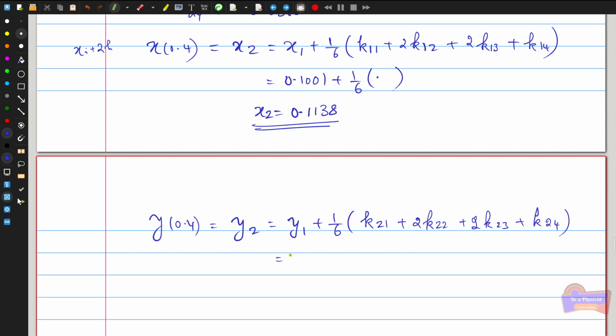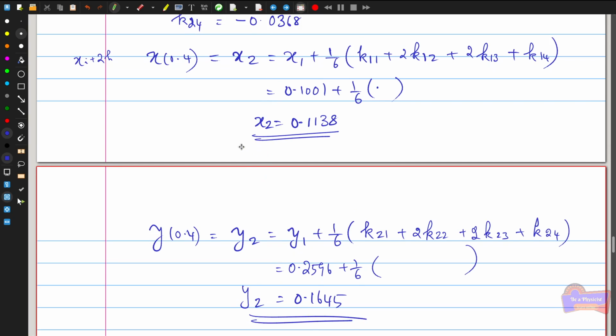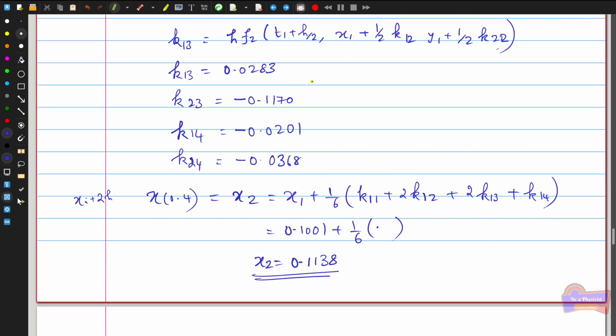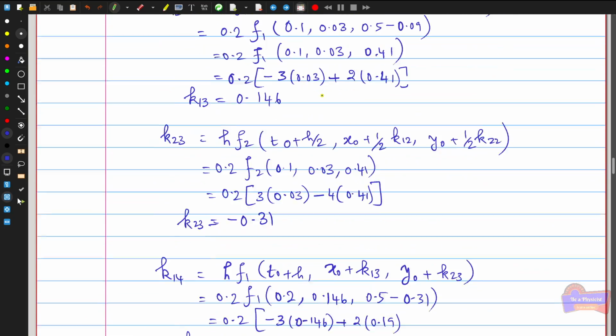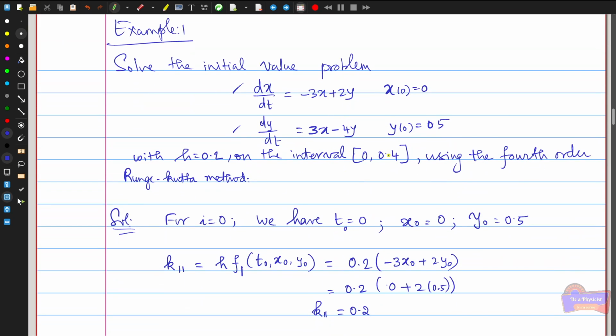The value of y1 is 0.2593 plus 1 by 6 times of these slope values. So the final value y2 is equal to 0.1645. So these are the values of x2 and y2 at the point x equal to 0.4. That is what we have to calculate, in the range of 0 to 0.4.